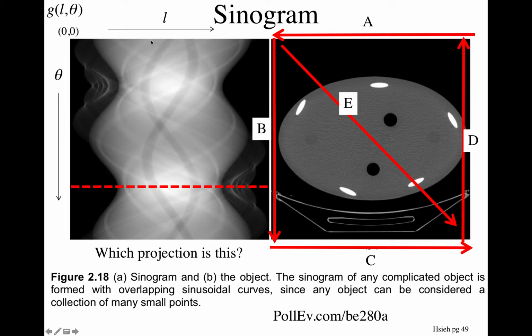Theta 0, that's it. We can ask the question, which direction is theta 0? We know that theta 0 is when we have a maximum diameter of the object. So theta 0 is either looking down this way, our source is here and our detector is here, or our source is here and our detector is up here.